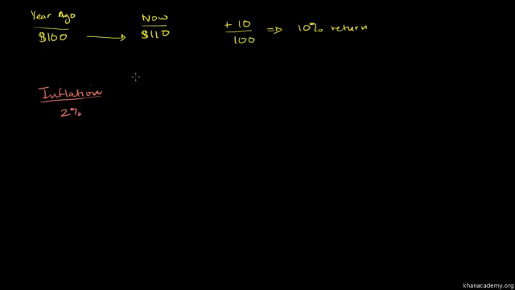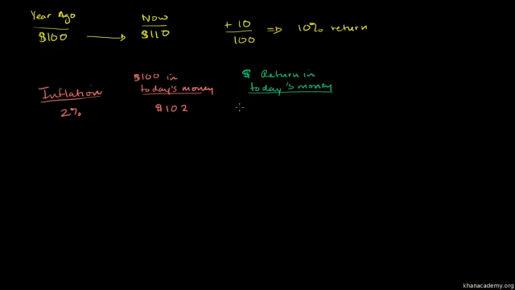If that's the case, what is $100 a year ago in today's money? Well, if inflation was 2%, then $100 a year ago would buy you the same stuff that $102 would buy you today. So it would be $102. So what is the dollar return in today's money, the current purchasing power?